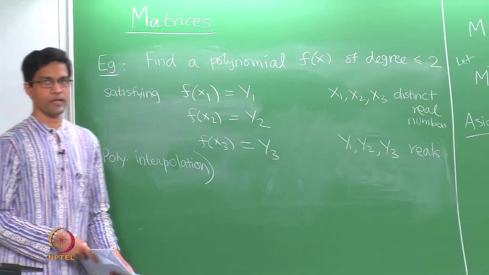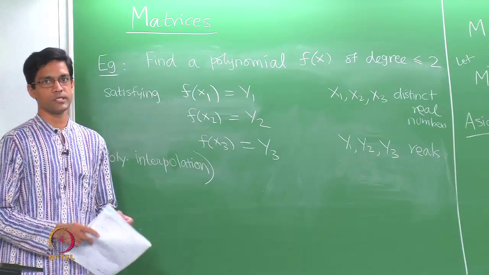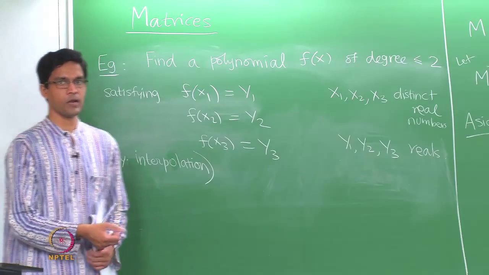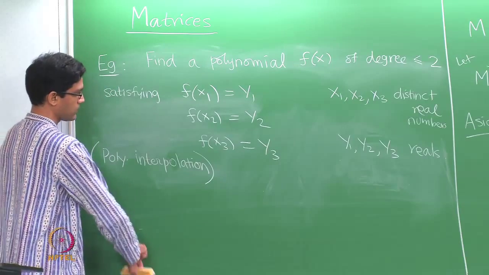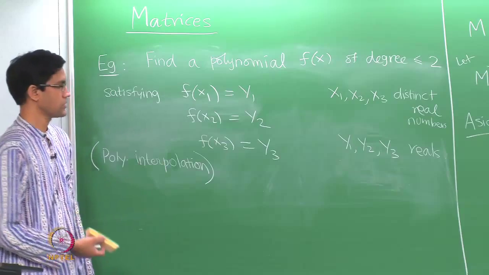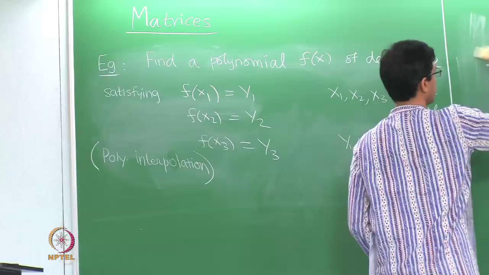So, you might wonder why this is making a reappearance now in the context of solving systems of linear equations, right. Isn't this about finding a polynomial which satisfies a set of constraints? Now, it turns out that this is in fact nothing but a system of linear equations. So, let us see how this can be recast into this form.